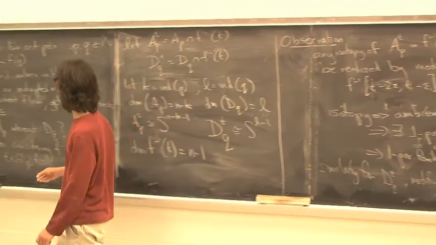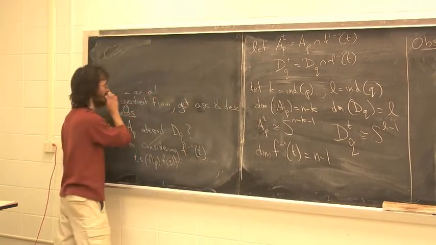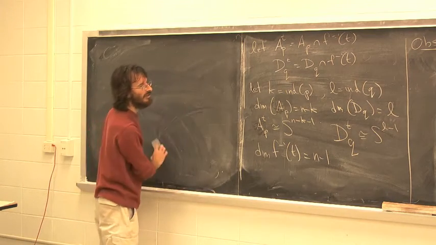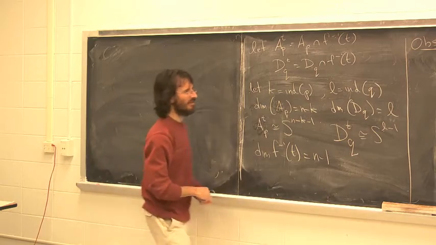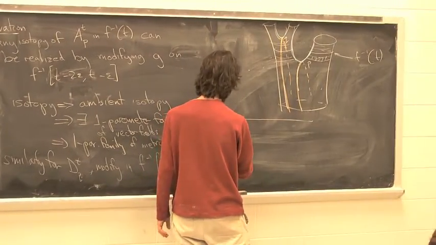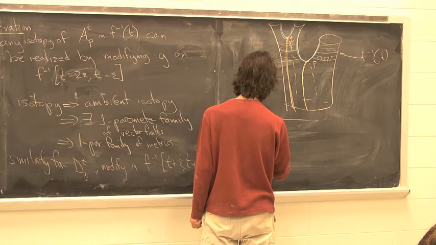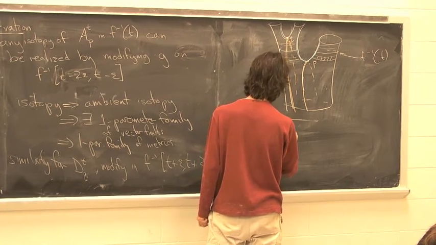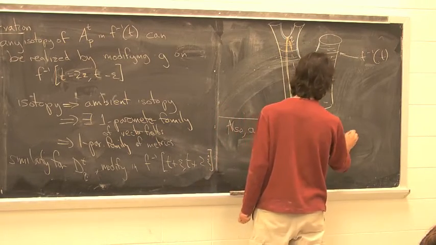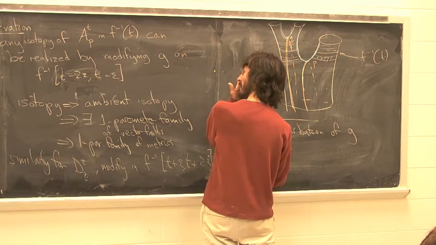So the point is I can arrange, therefore I can assume that, actually, maybe I should also say, any perturbation of G moves these spheres by an isotopy.